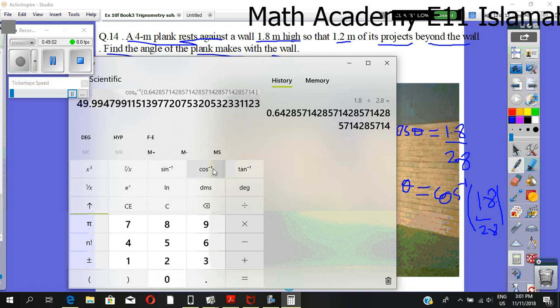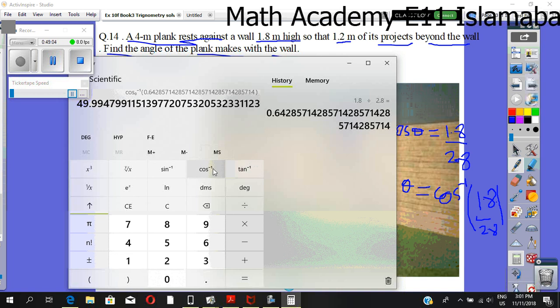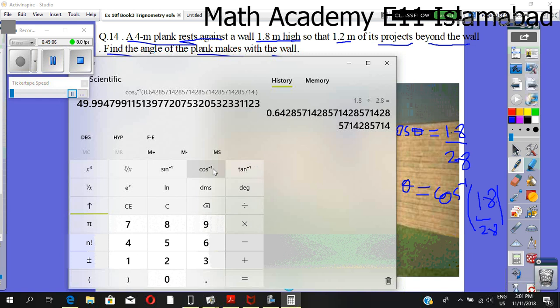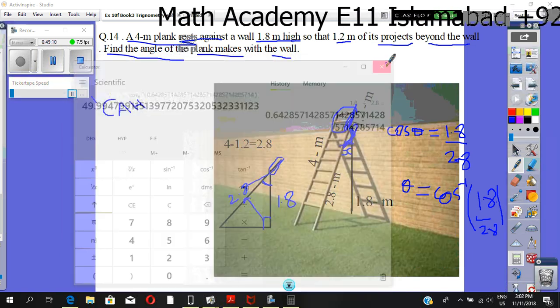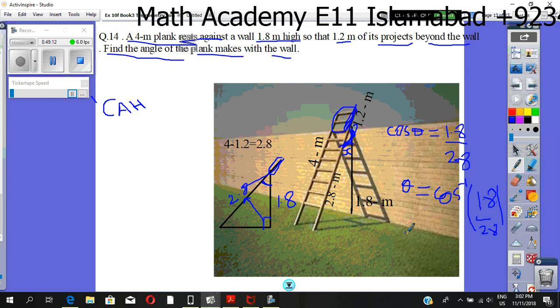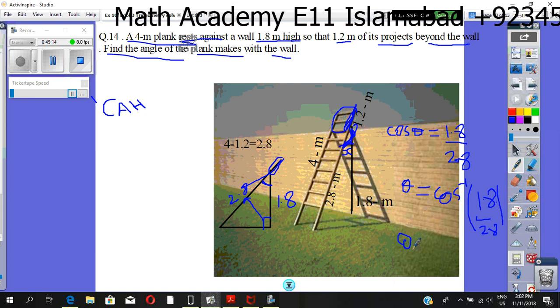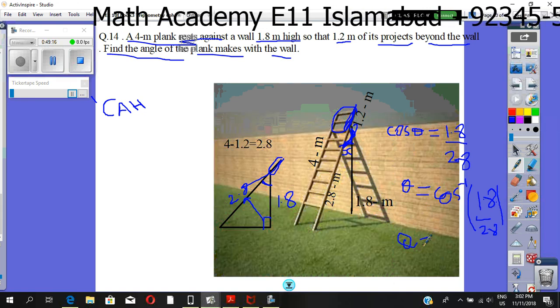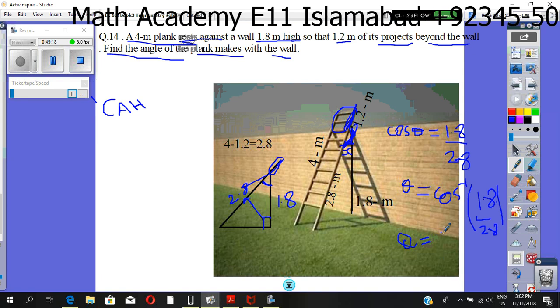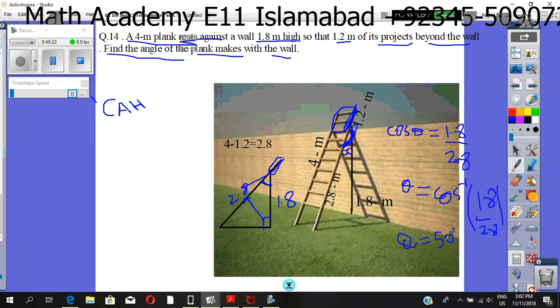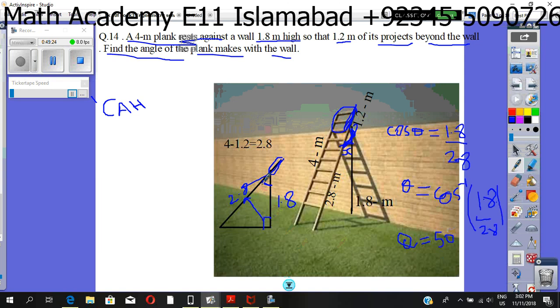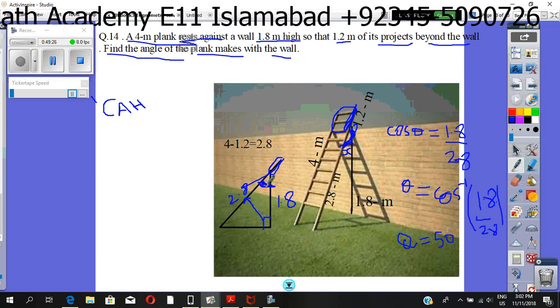It gives us 49.999, or you can say it is nearest to 50 degrees. We can write that theta equals 50 degrees, which means this angle, theta, is 50 degrees.